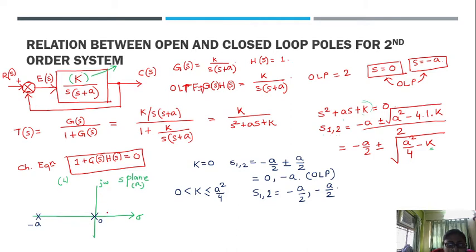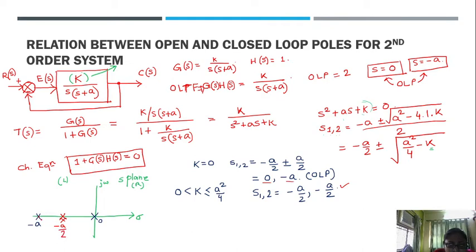Now whenever you increase the value, the poles of the system, that is the closed loop poles, are changing. Initially for k equal to 0, the value was this, and when you increase the value of k, these pole positions now come to here. If this is minus a, this must be minus a by 2.